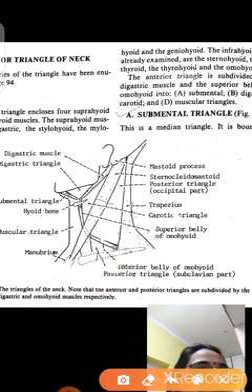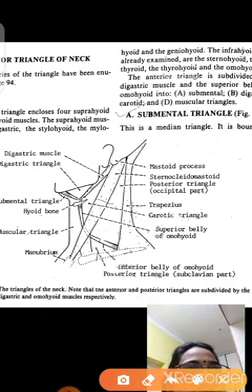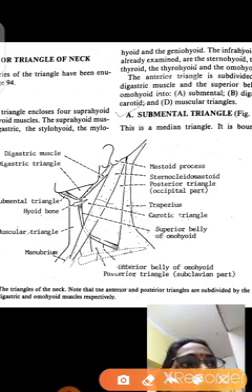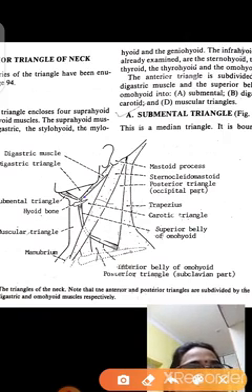Now its apex lies at the chin. Okay, and the floor of the triangle is formed by the right and left mylohyoid muscles and the median raphe uniting them. Now the contents are 2 to 4 submental lymph nodes, situated in the superficial fascia between the anterior bellies.